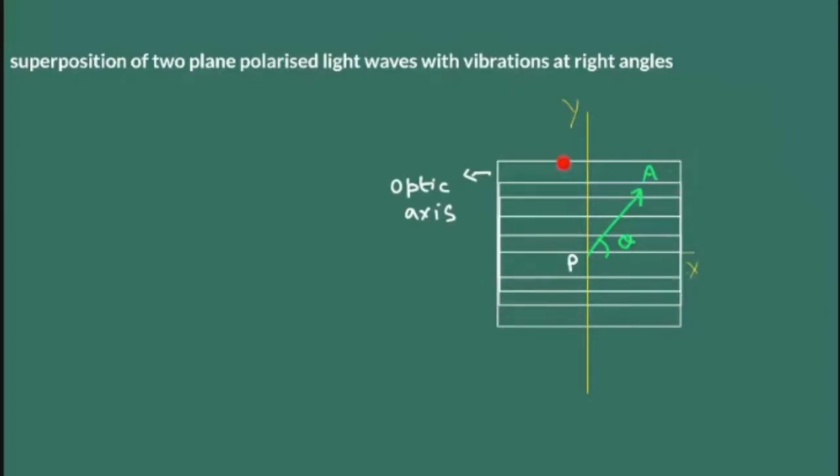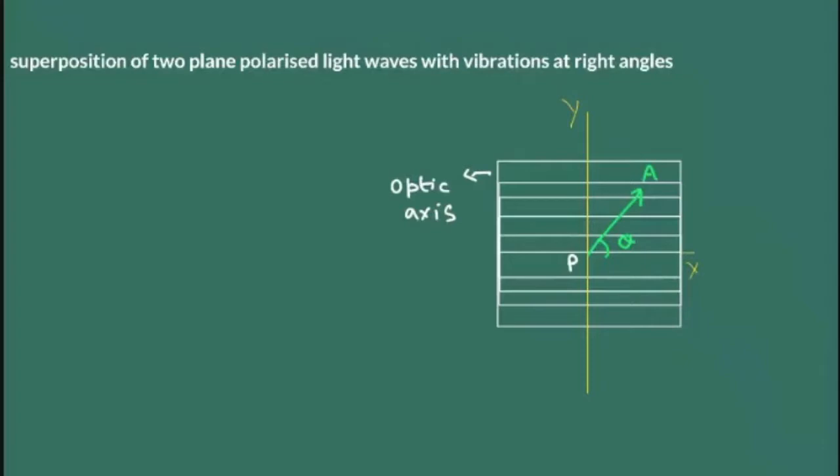So this is the face of the crystal, the optic axis is parallel to it, and let A be the amplitude of vibration that makes angle theta with the optic axis, because X is parallel to the optic axis. So the vibration is along PA.